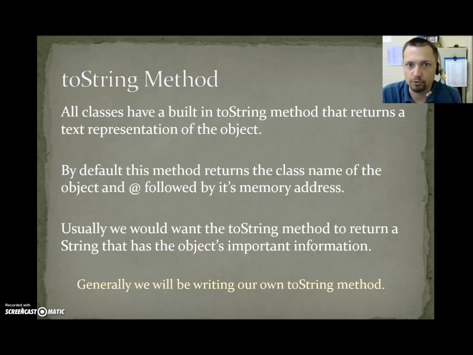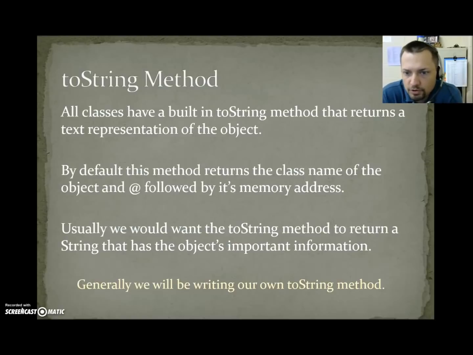We'll see an example of the equals method when I do my examples. We're also going to do a toString method so you can see what they really look like. ToString method. All classes have a built-in toString method that returns a text representation for the object. By default, this method returns the class name and an @ followed by its memory address. So for instance, if you were to print off a scanner, it might say Scanner@A537F, and that's not really useful to us.